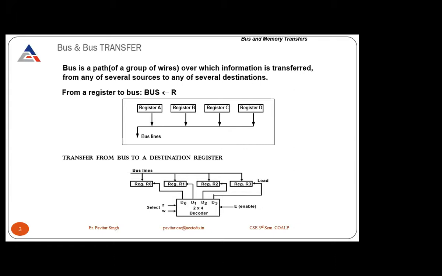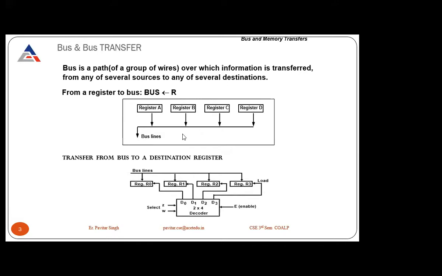In the first diagram, you can see that we have register A, register B, register C, and register D. First of all, you need to put some data onto the bus from a register. After that, the data is read from the bus by the various registers.